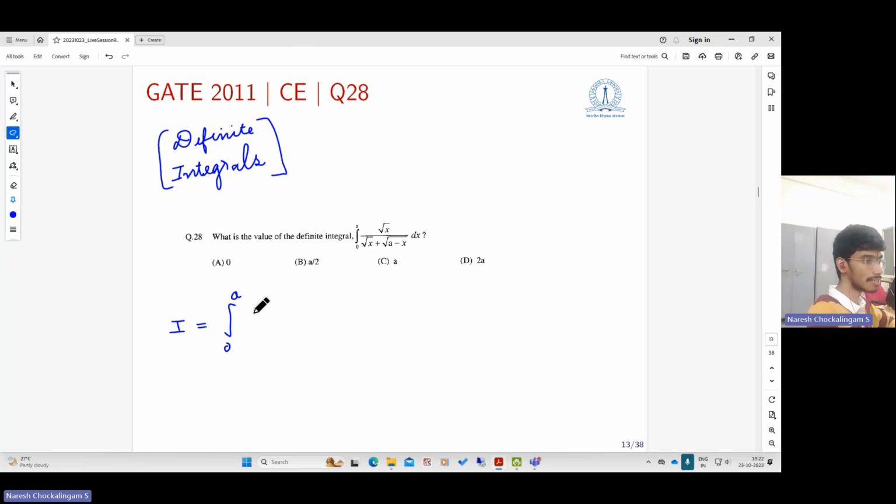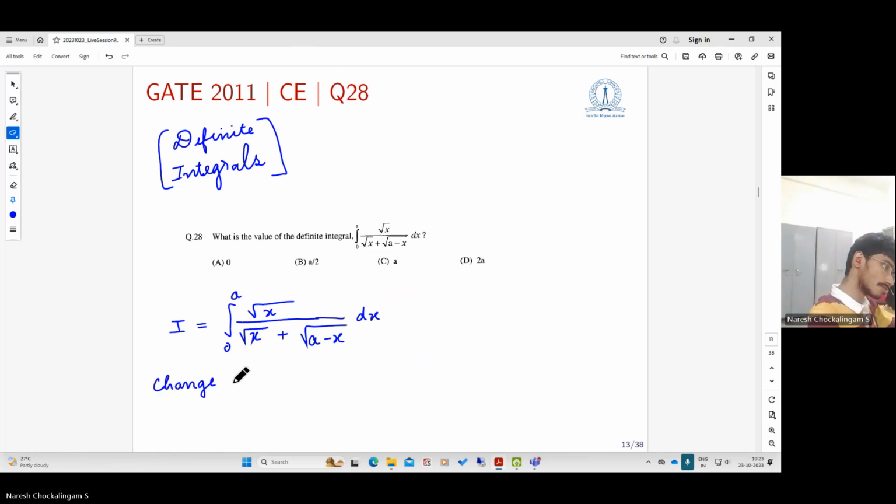So let I is equal to integral from 0 to a of square root of x divided by square root of x plus square root of a minus x dx. Now let us make a change of variables. Let us call this equation 1.